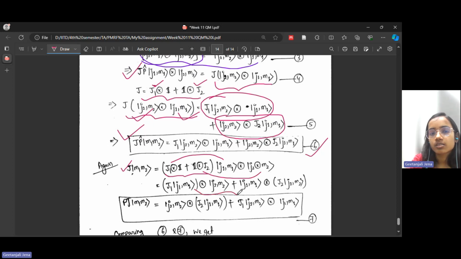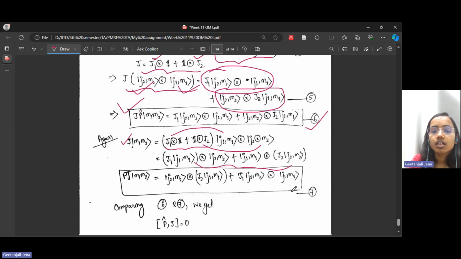So you will get this expression when J acts on it. Now when P acts on it, what will it do? It will interchange J1 M1 and J2 M2, right? So it will take J2 M2 to here and J1 M1 to here. Similarly for the second one, it will take J2 M2 here and J1 M1 here.